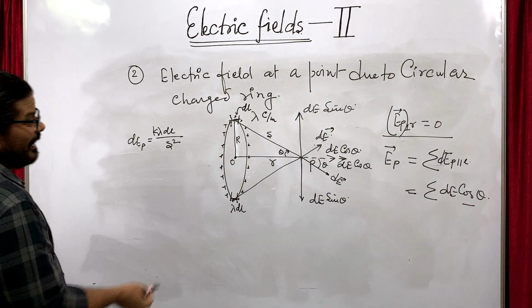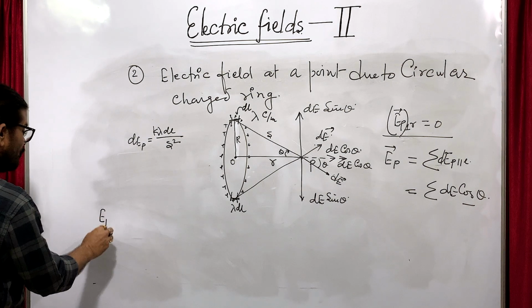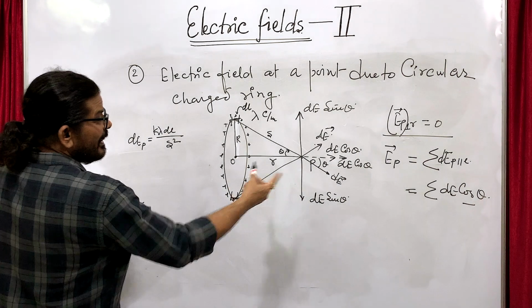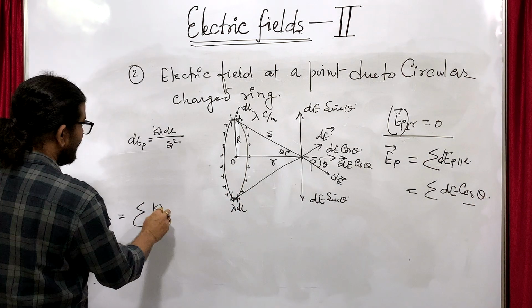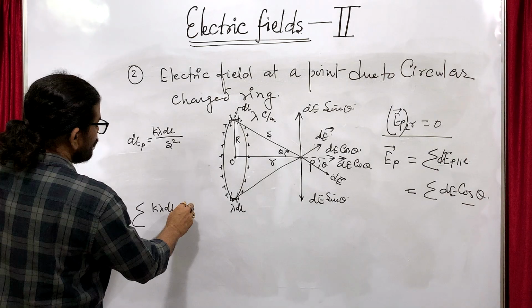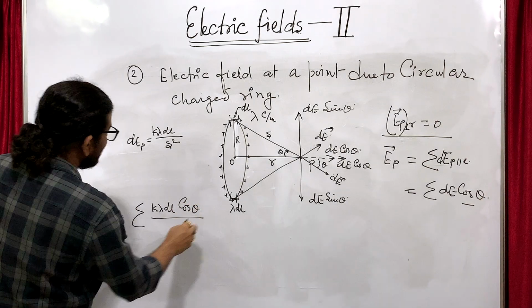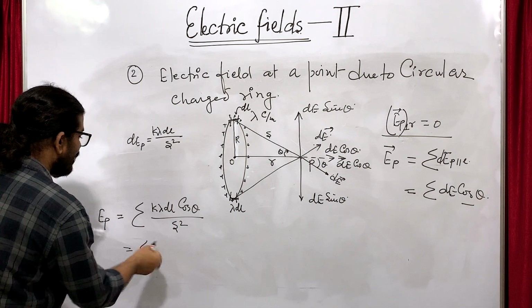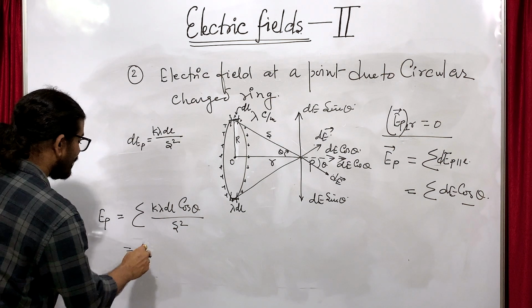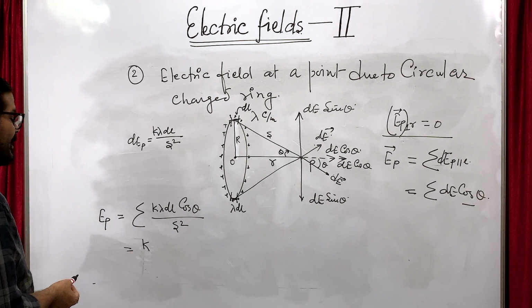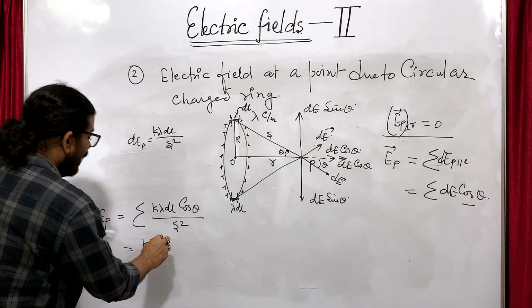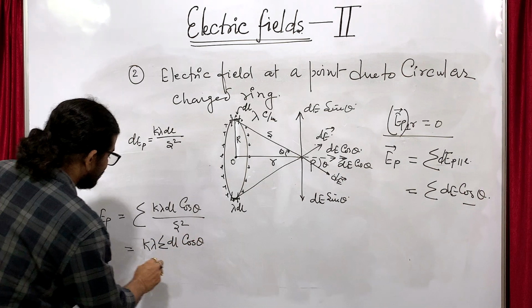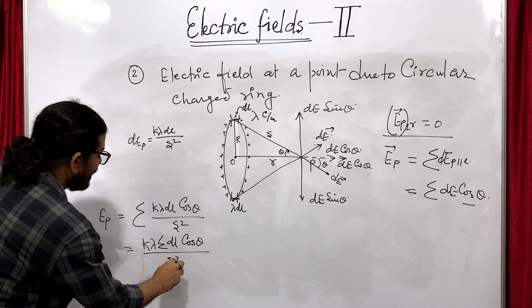Therefore, the magnitude EP I am taking here will be the summation of dE, which can be written as K lambda into dL into cos of angle theta divided by S square. Now the summation will not be operative on K and lambda, only on dL, and cos theta and S square remain the same.